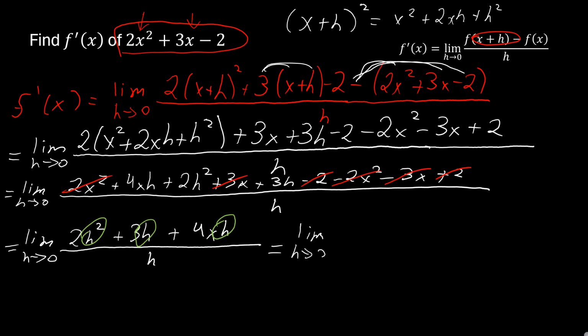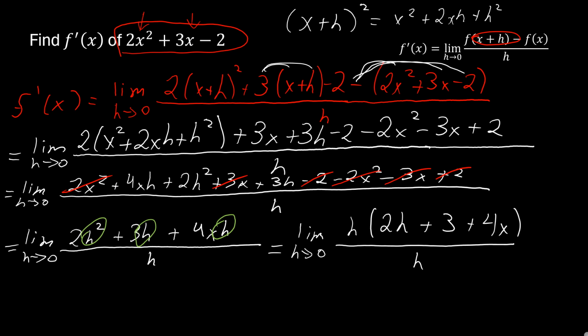You really want to see that because you can use that to your advantage. Limit as h approaches 0. You're going to factor that h out, so that'll be h times 2h plus 3 plus 4x, all over h. And look at that, here we can cancel out the h and keep going.